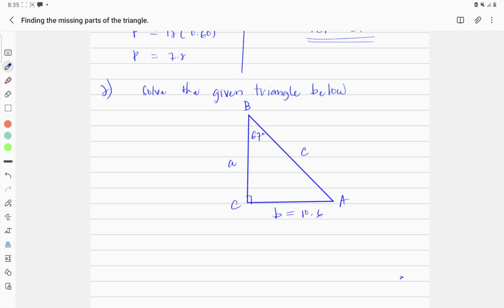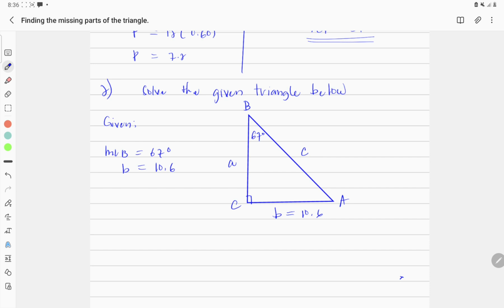Okay, let's take example number 2. We will solve triangle ABC. First we are going to write the given. Our available data is the measure of angle B equals 67 degrees, and side B is 10.6 units.